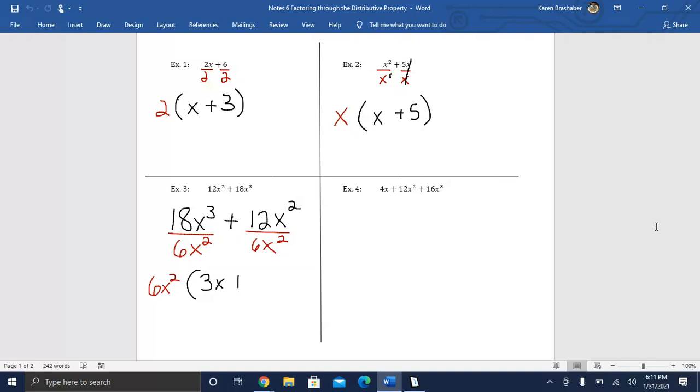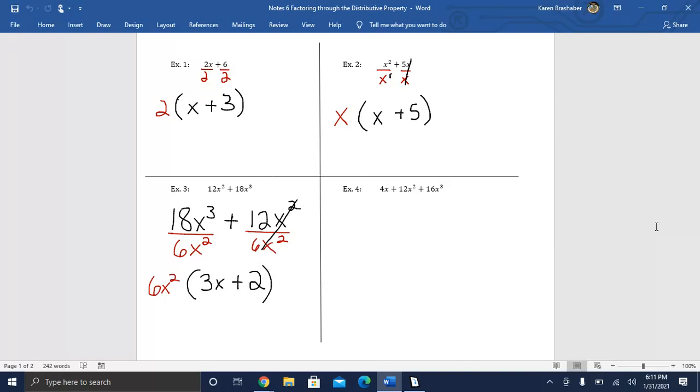Now I'm going to divide positive 12 by positive 6. That's a positive 2. My x's, when I subtract the exponents, I'll get x to the 0 power. And so that means those x's will just cancel, and I'll just have the 2. So 6x to the second times 3x plus 2.